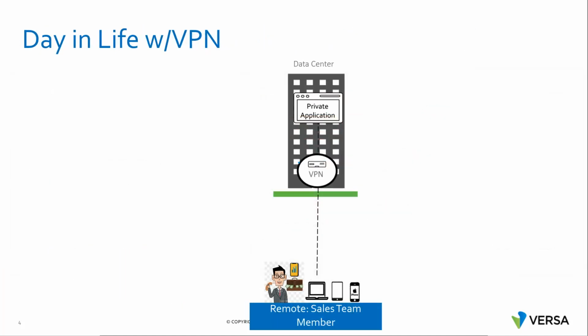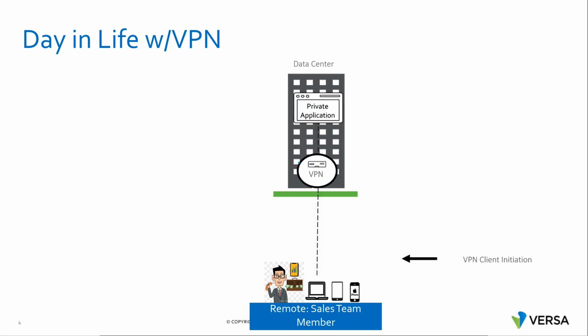The traditional way of creating security was to go with the VPN side of the world. You can think of a sales team member, or a radiologist who is remote from a hospital, who connects into the data center of the company or enterprise through VPN.